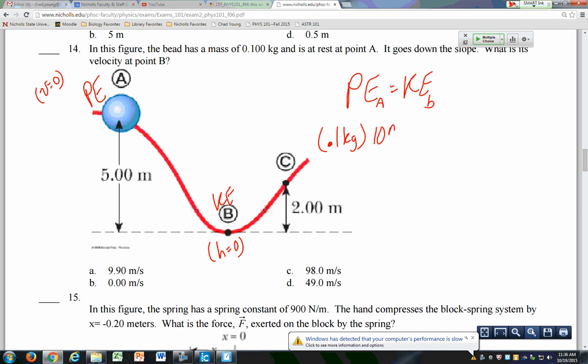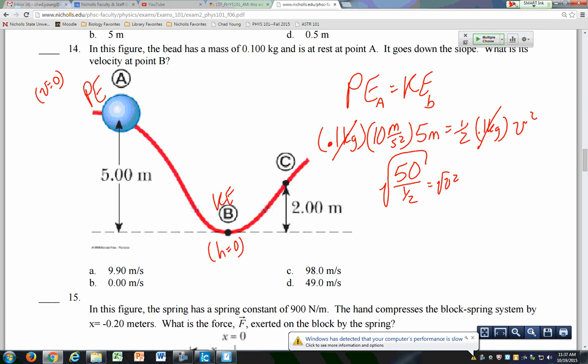I'm going to use 10 times h, which is 5 meters, equals 1/2 of 0.1 kilograms times v squared. All right, the 0.1s cancel out. I get 50 divided by 1/2 equals v squared. That's 100. v is equal to 10.